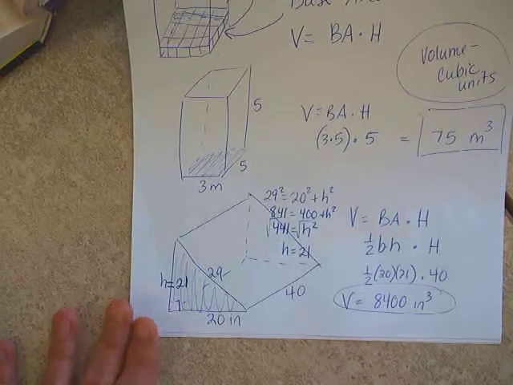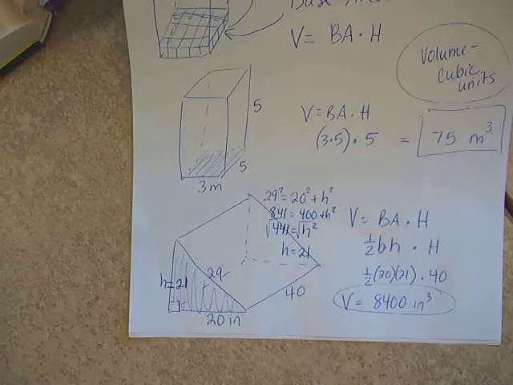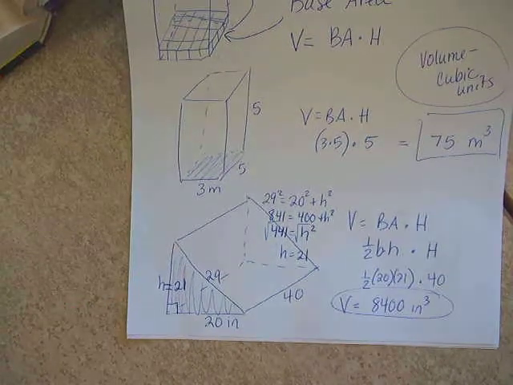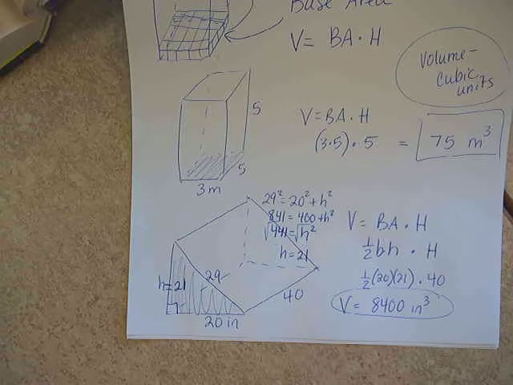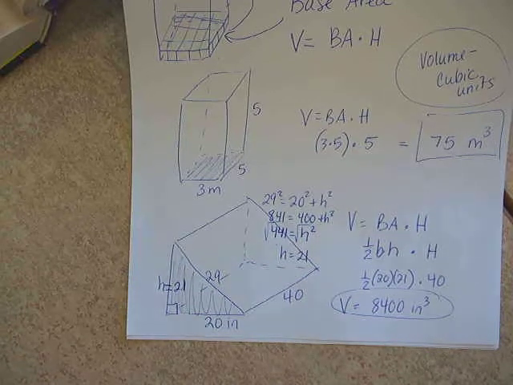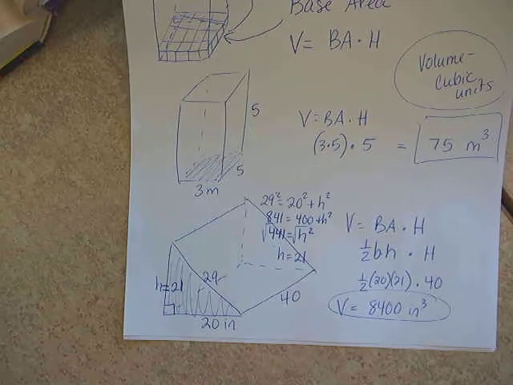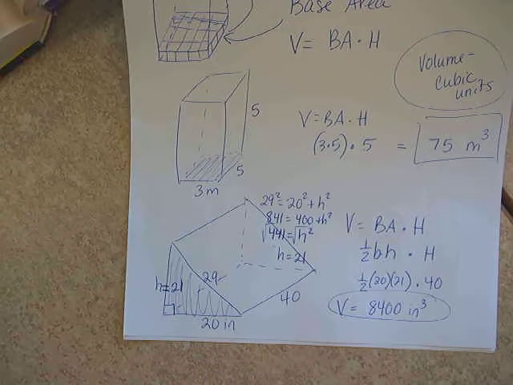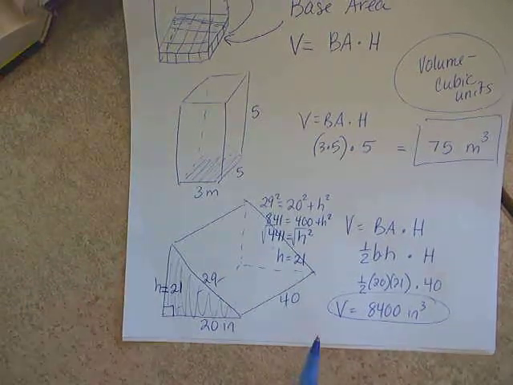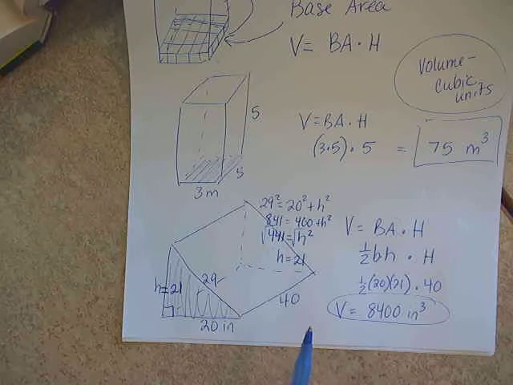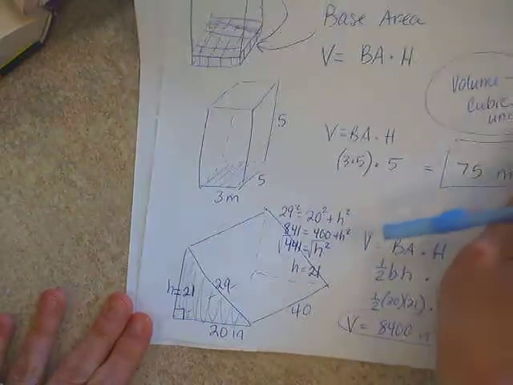And if you plug this all into your calculator, you get 8,400, and that is volume, so it's cubic inches. Someone said in another class they think whenever they get numbers that big that they did something wrong. But remember, this is volume, and you're dealing with 3 multiples of 10, so you should be in the thousands, yeah.